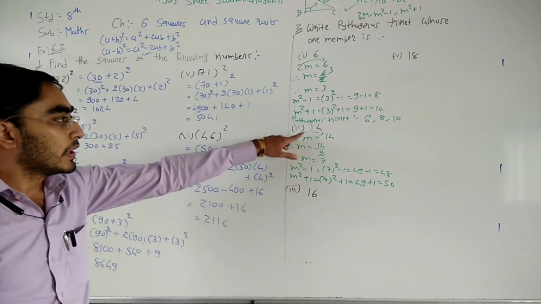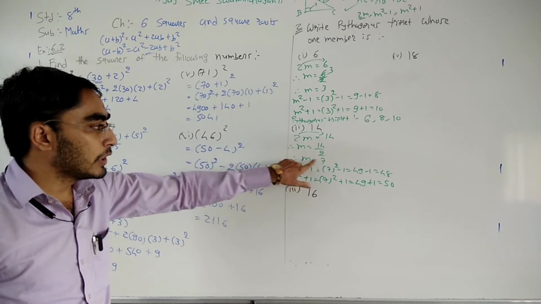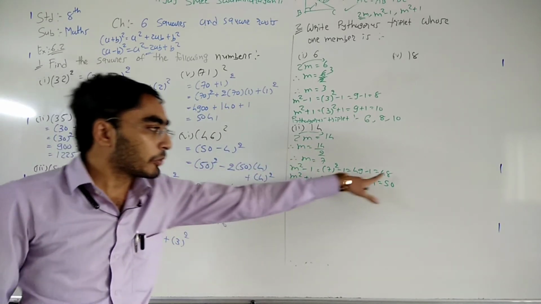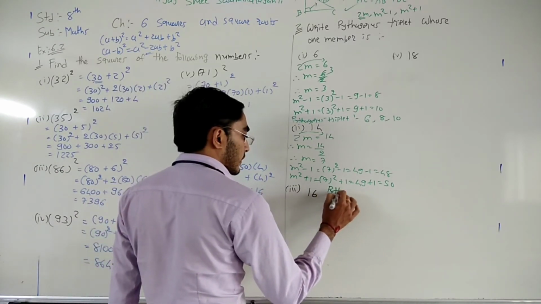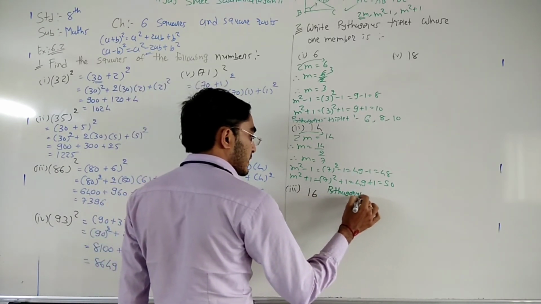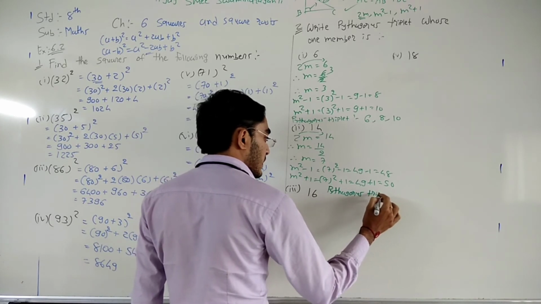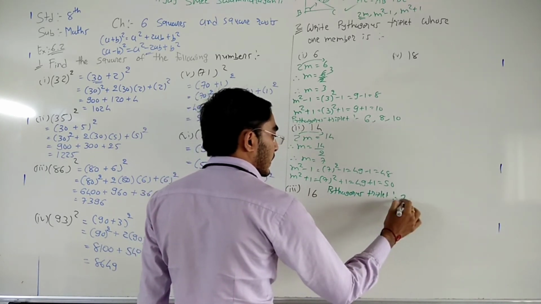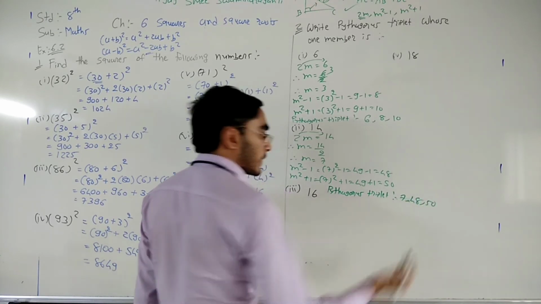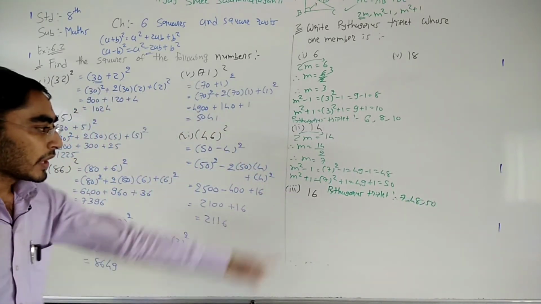This is your 2m. From that find the value of m square minus 1 and m square plus 1, and you will get the other two values. So the Pythagoras triplet is 14, 48 and 50.